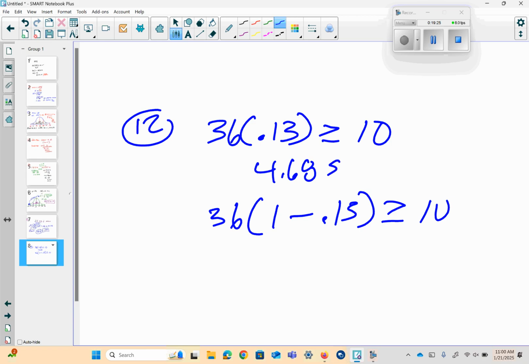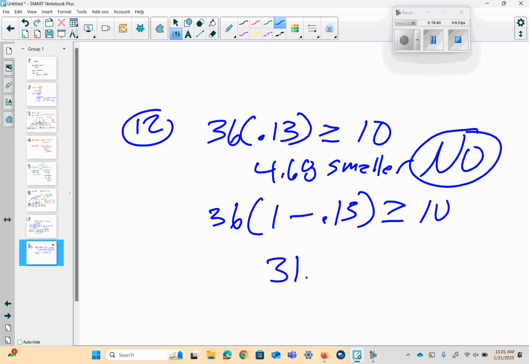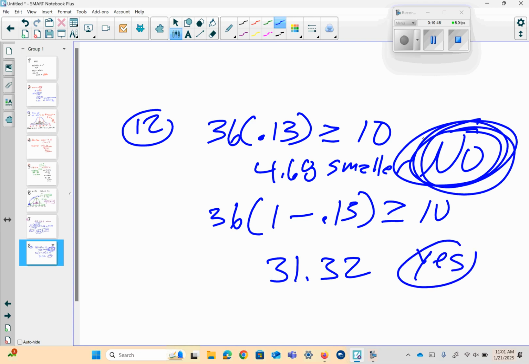That is smaller, so this is a big no. I wouldn't even have to go further. There's no reason to say, well, 36 times 0.87 comes out to 31.32. So that one's a yes, but because we got a no here, we are not falling into a normal distribution.